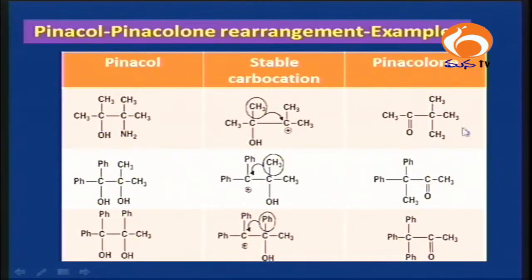We will obtain finally this pinacolone, and in this case also the carbocation will be obtained on the carbon containing the two phenyl groups, because this will be the most stable carbocation. Then the methyl group with the bond pair of electrons will migrate, therefore it is a 1,2 methyl shift reaction, and we will obtain this particular pinacolone.